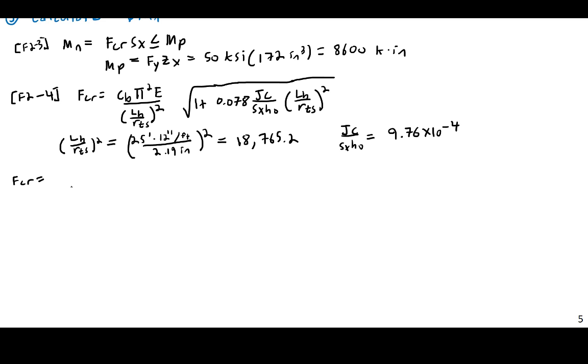Let me double check something in my numbers on my calculator really quick. Yeah, we're good. I believe so. Let me double check my numbers here. 666 times pi squared times 29,000 over.